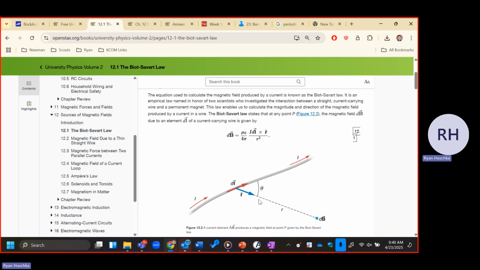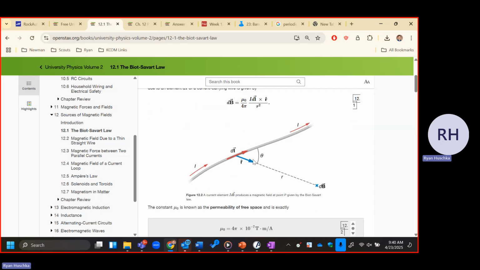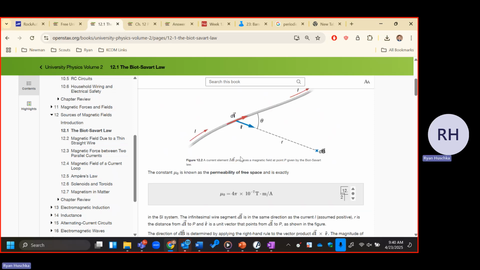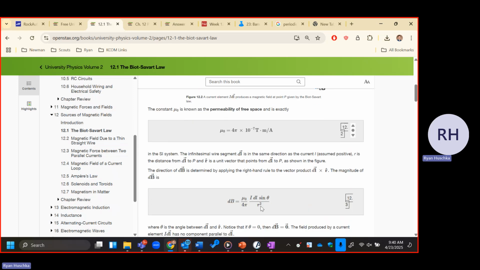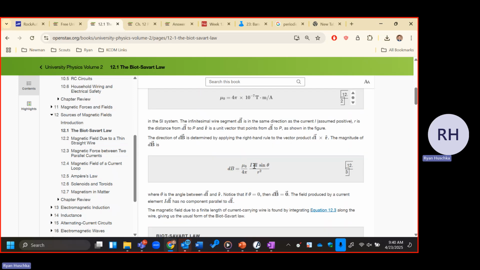So where does that angle come into play? That's the cross product, right? In this case, we're looking at a cross product of basically the product of current and length times a vector, a distance away from that wire. So basically, you're looking at that cross product. That's where the sine of that theta comes in.